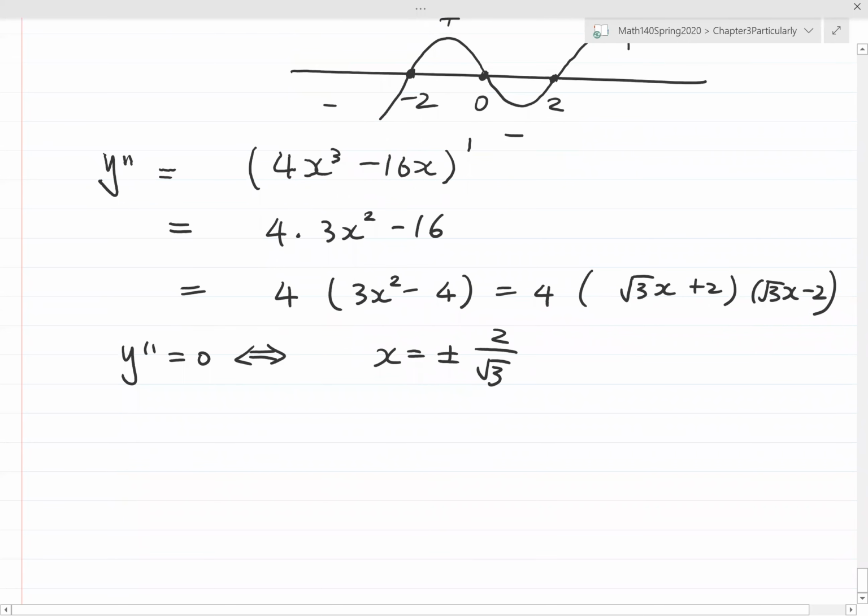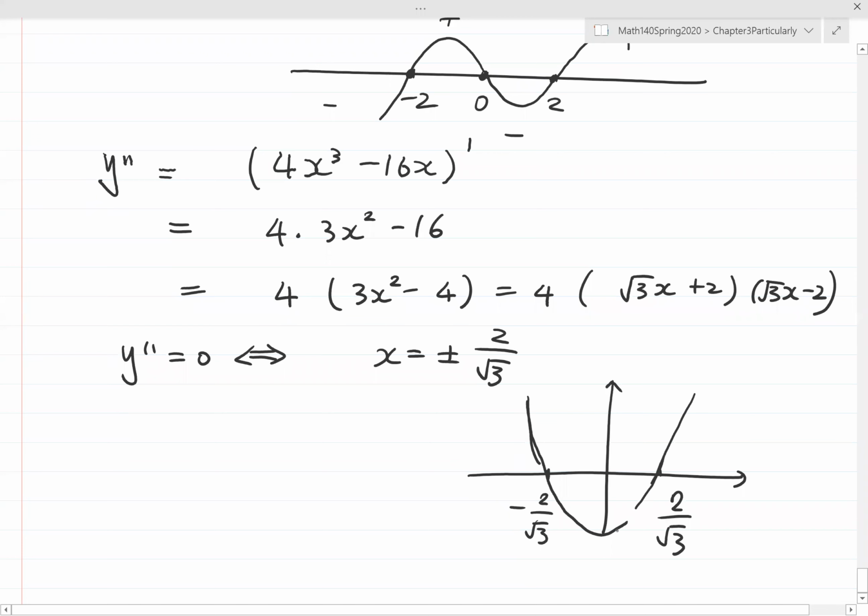If you plot the graph of the second derivative, it has two roots, negative 2 over root 3 and positive 2 over root 3. Now it's a concave up quadratic, so it's very easy to find this graph. Just a rough graph to determine when the second derivative is positive or negative.